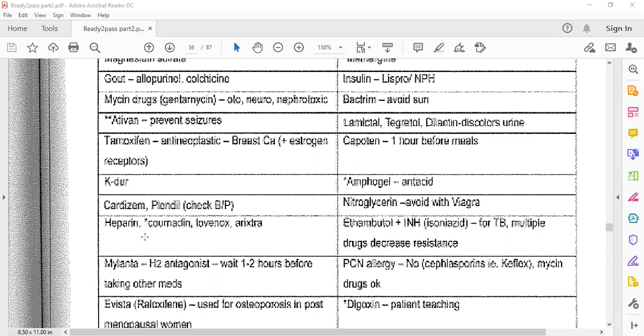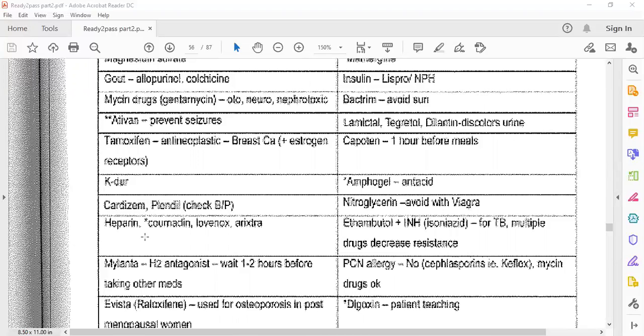So besides heparin, another medication we use is warfarin or Coumadin. Heparin or warfarin is an anticoagulant, or blood thinner.